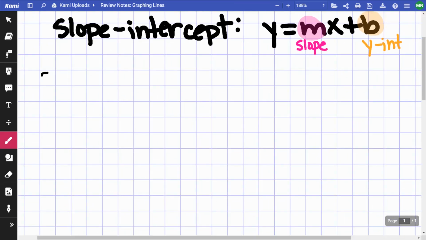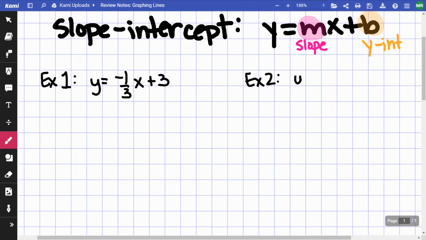So our first example, let's say that example 1 is y is equal to negative 1/3 x plus 3. And let's say our second example is y is equal to 3/5 x minus 4.